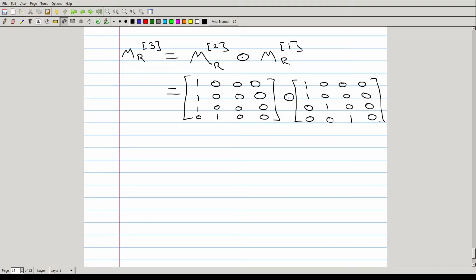And when we compute this, we end up getting the following matrix. It's going to be 1, 0, 0, 0, 1, 0, 0, 0, 1, 0, 0, 0, 1, 0, 0, 0.